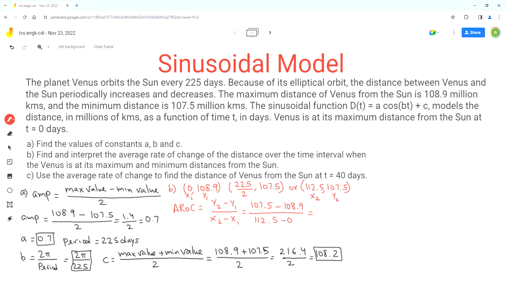Now we can simplify this expression. In the numerator, we get negative 1.4 divided by 112.5, which is negative 0.0124, and the unit is million kilometers per day.